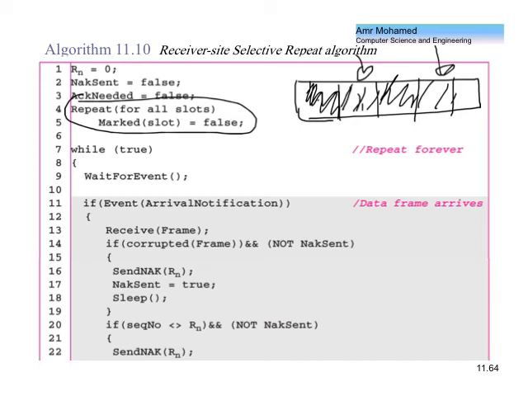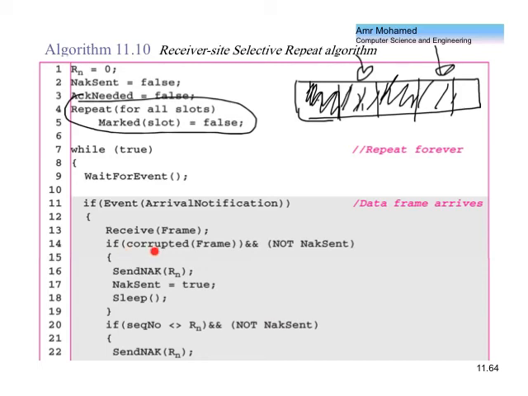But here, because it's selective repeat, I need to inform the sender whenever I know anything. Because if the sender can send things out of order, then it might as well send me this frame now. Okay, but as I said, this is optional. If we don't send the negative acknowledgements, things will still work, but a little bit less efficient.